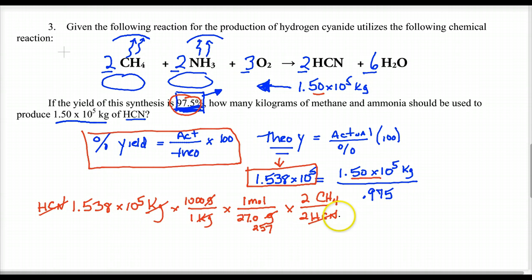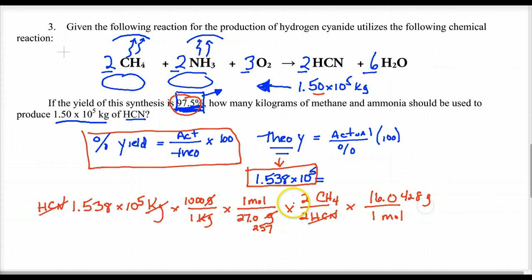Now I have moles of methane. And the last thing we want is grams, so we put 1 mole on the bottom. The formula mass of methane is 16.04 grams, and the moles cancel.